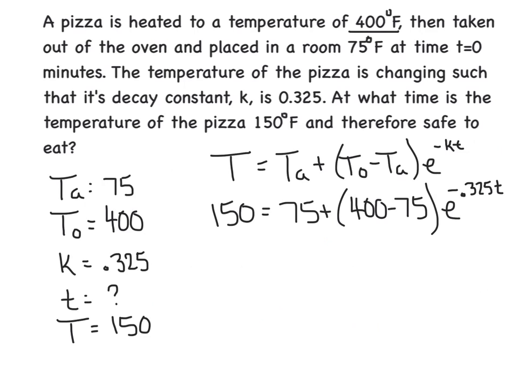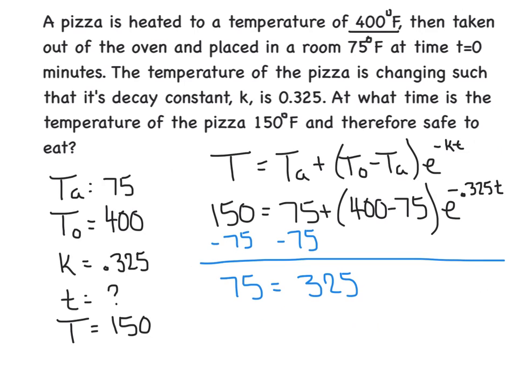Okay, mathematically, let's subtract 75 from both sides. That's going to give me 75 equals 325 e to the negative 0.325 t power. Let's divide both sides by 325.